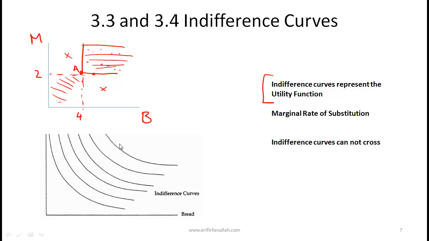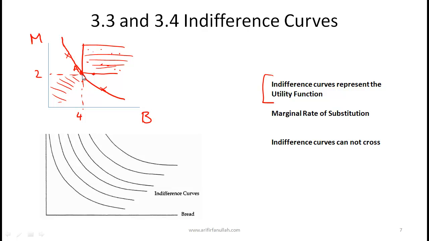So notice these indifference curves. You can say potentially that along this curve you are indifferent, in the sense that when we say indifferent, we mean that you are just as happy anywhere along this curve.